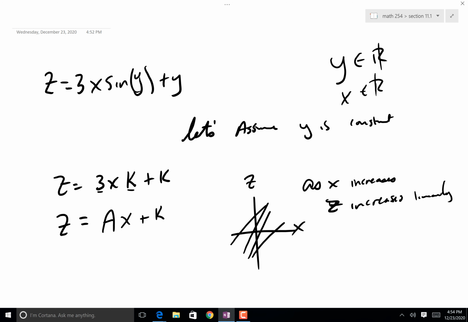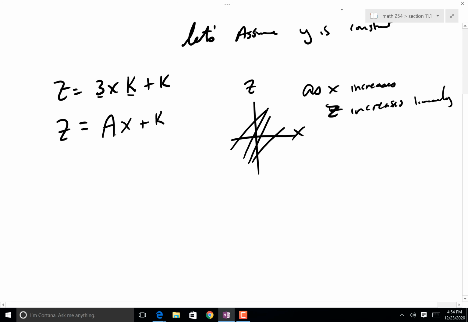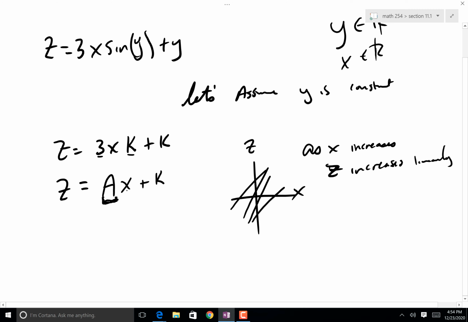So we let y stay put and only manipulate x. That's linear right there. You see that? As x goes up by 1, z is going to go up by a. That's a linear relationship.